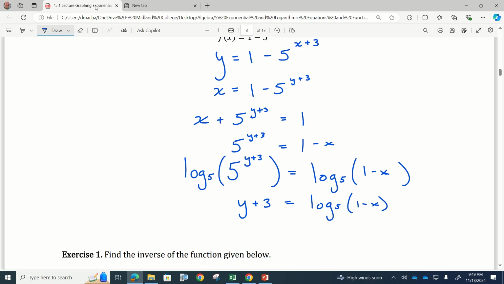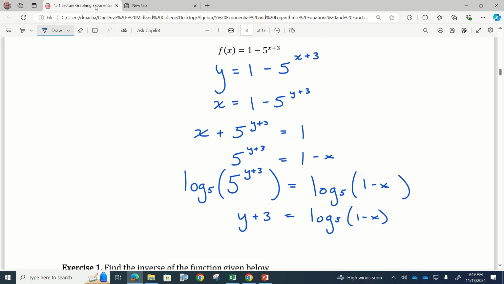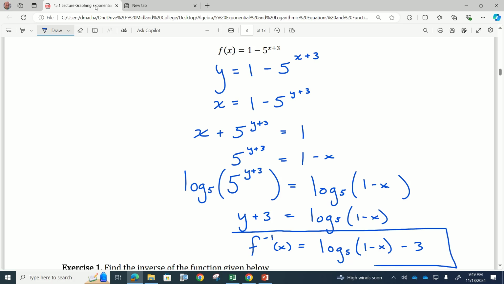And now my inverse function is just, perfect, the logarithm base 5 of 1 minus x, minus 3.